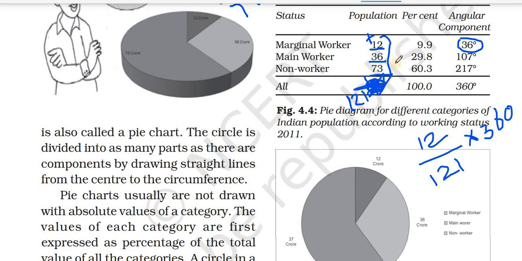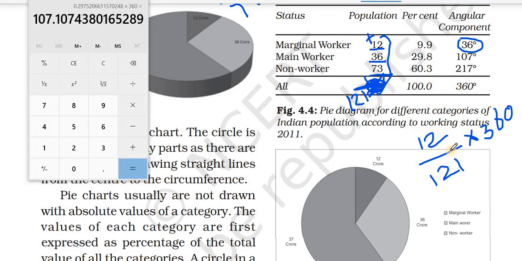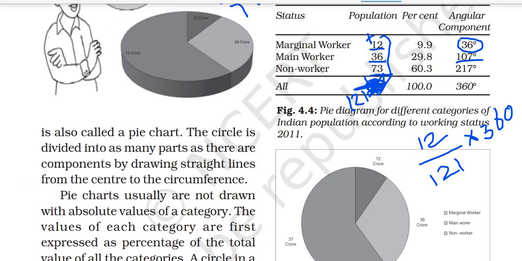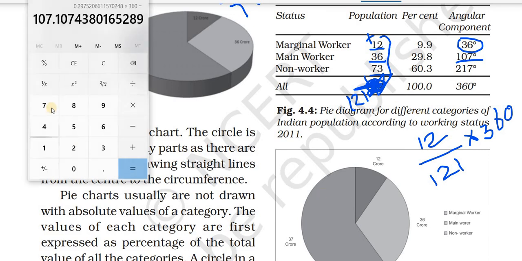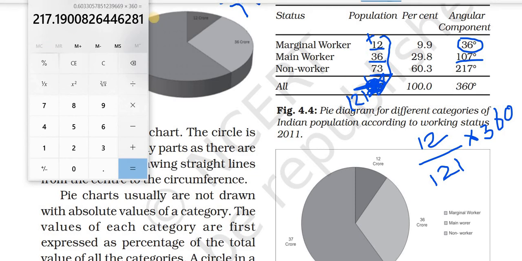Next, the next angular component: 36 divided by 121 into 360, we will get the answer 107 degrees. The next value is 73. 73 divided by 121 into 360, we will get the answer 217.